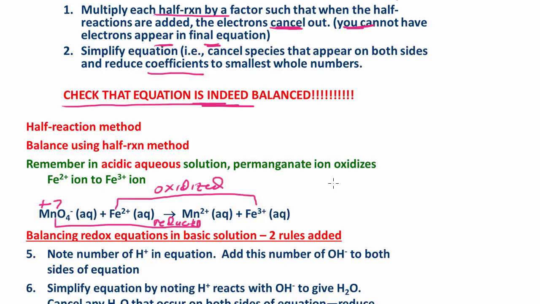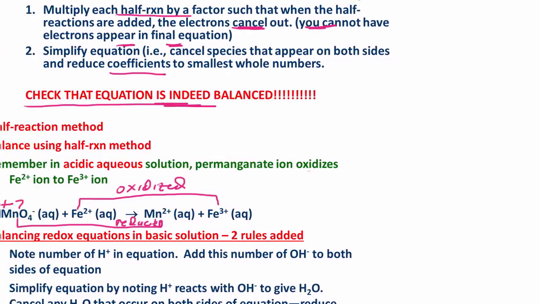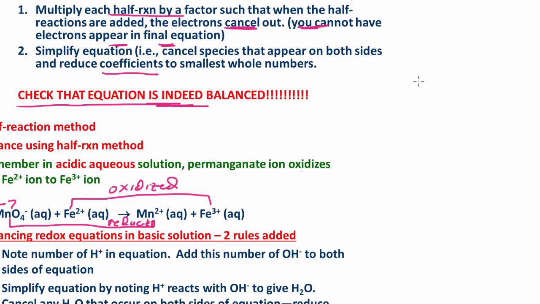Okay, let's write the half equations. Let's do the oxidation first. You know, let me move that over a bit. Okay, let's write the first half reaction. This is the oxidation. So we have the iron 2, and that goes to iron 3.